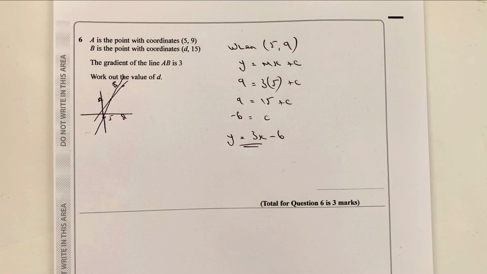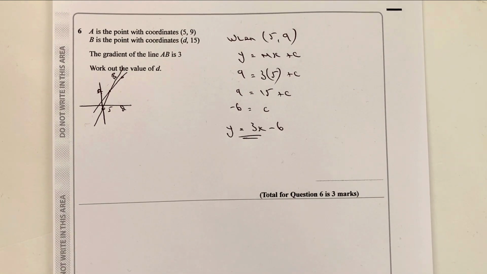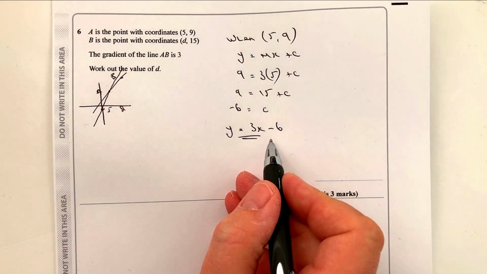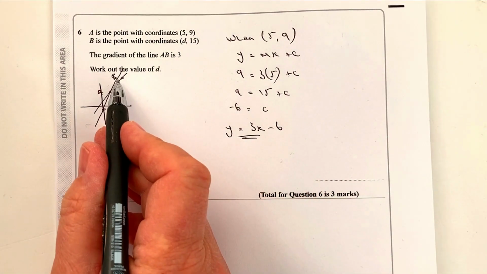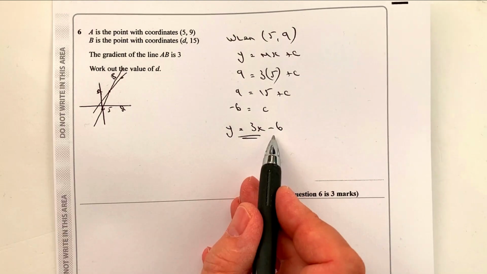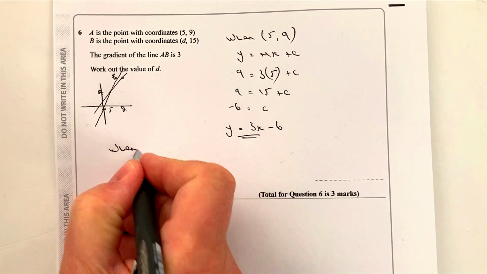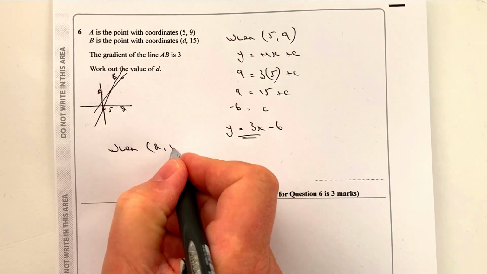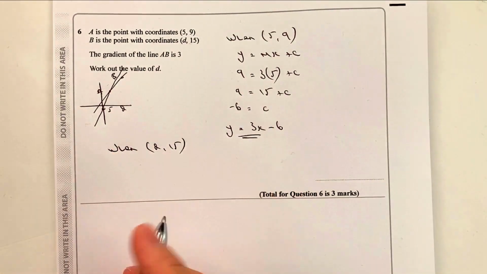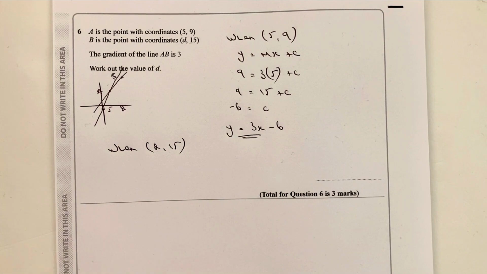Let's then find the value of d. The value of d is basically the x value. I know this is the equation of the line, and I know I've got 2 points on it, so it's the same line. When I've got d and 15, which is this one here, I've got all the bits and pieces I need.